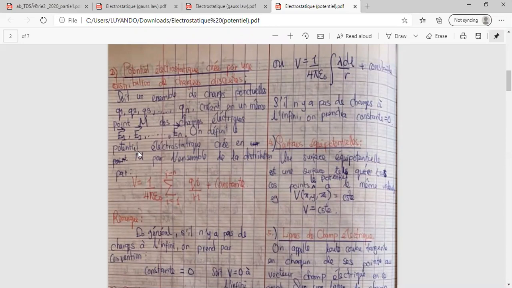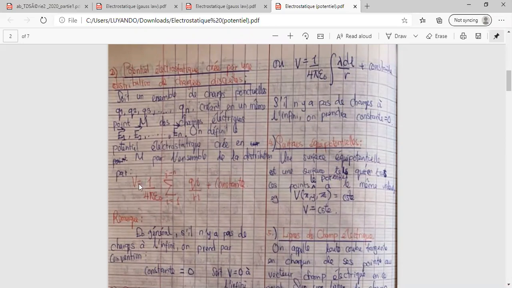So we define the electrostatic potential created at a point M by the whole distribution as V equals 1 over 4 pi epsilon 0 times the summation, I believe, from the first charge to the last charge, i equals 1 to N, of Qi over Ri, plus the constant.